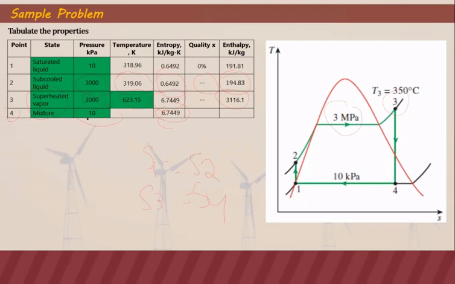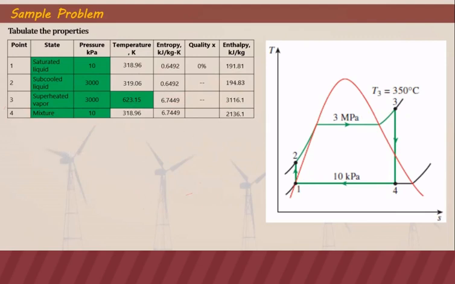Just plug in 10 kilopascal and entropy 6.7449. You can get the temperature as 318.96, same temperature as point 1, and enthalpy of 2136.1 kilojoules per kilogram. And for the quality, you may leave it blank or you can calculate that if it is required in the problem.